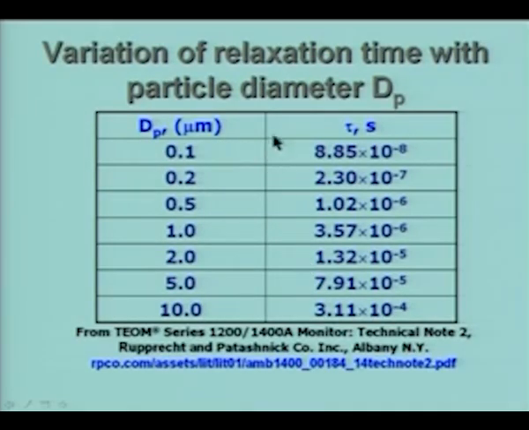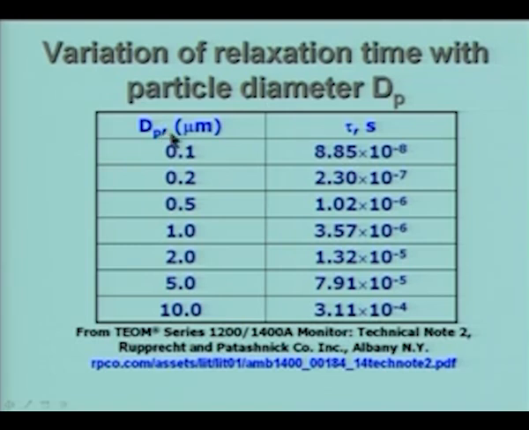So, the variation of relaxation time with particle diameter is given here. This is based on experimental data, and I have taken it from the reference shown here. It is a manufacturer's reference. They have given this in their technical note number 2, and the particle relaxation time depends on the diameter of the particle.